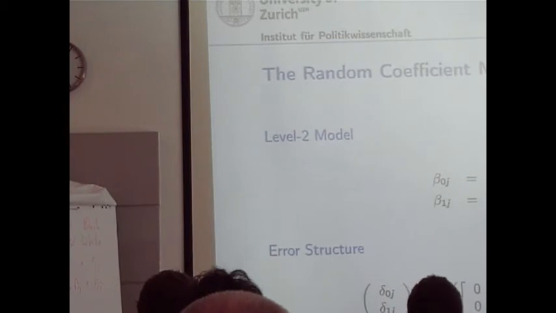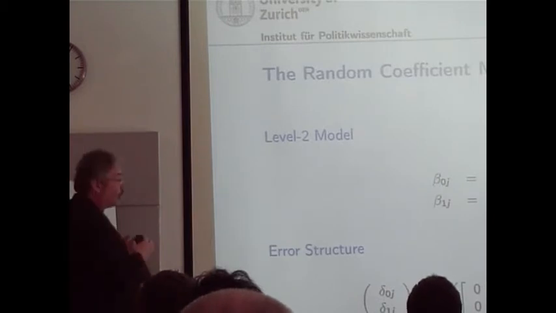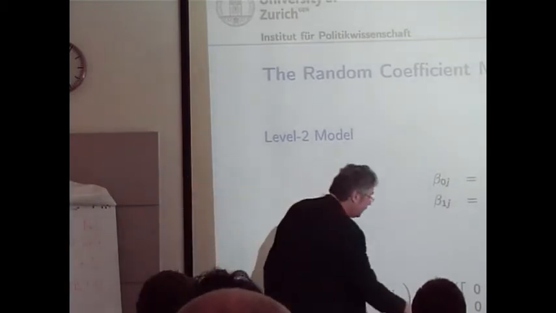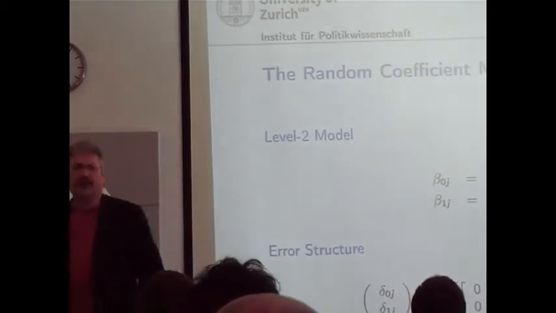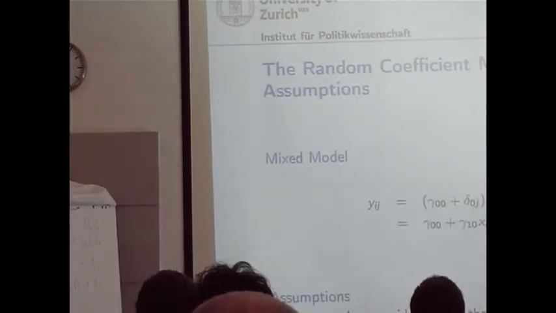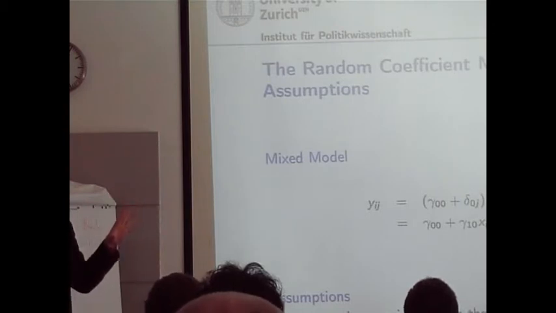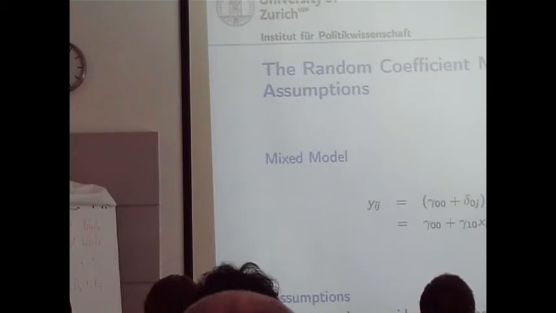It looks a lot more complicated, and sometimes it's also a lot more complicated to estimate, especially these covariances can give you headaches. We'll talk about that later. But that's the whole structure of the model. All it says is we have slopes that vary, we have intercepts that vary.